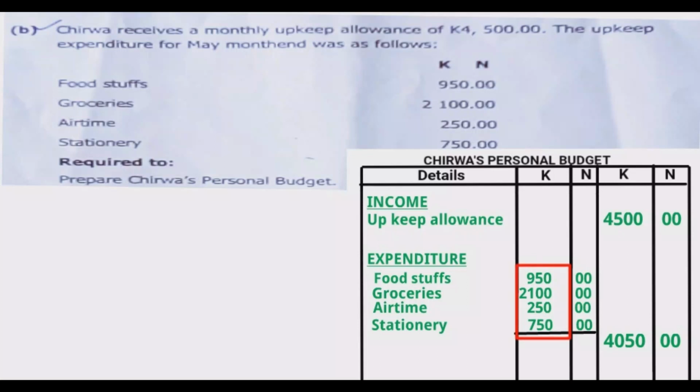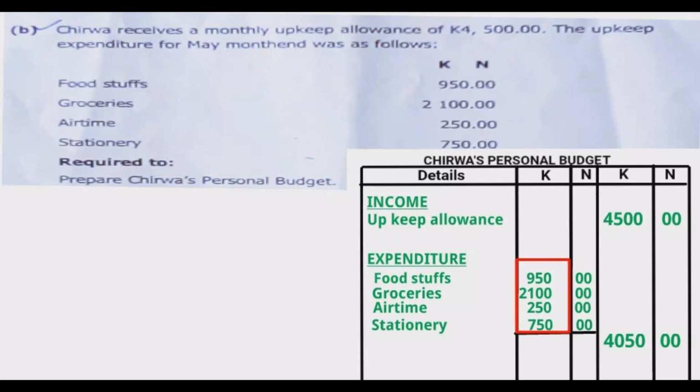We write 5, we carry 1. 1 plus 7 gives us 8. 8 plus 1 gives us 9. 9 plus 9 gives us 18. 18 plus 2 gives us 20. So we write 0, carry 2. 2 plus 2 gives us 4. So the sum is 4,050 kwacha.